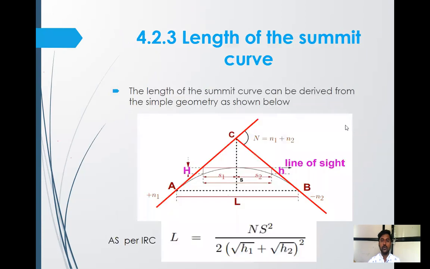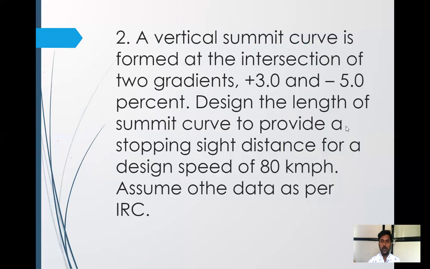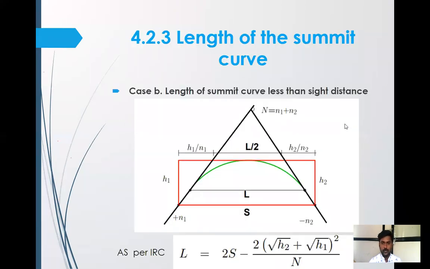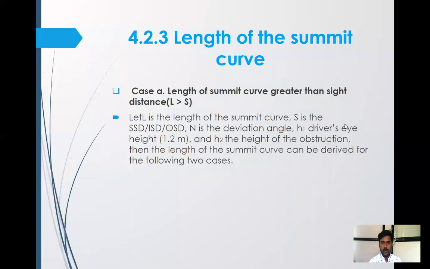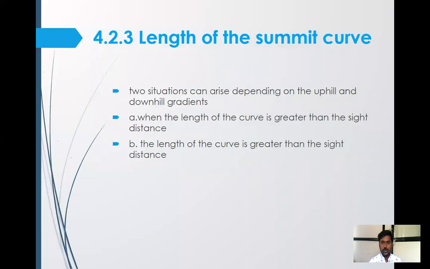Okay. Then we have to see the formula. The length of the summit curve is provided depending on two situations. Two situations can arise depending on the uphill and the downhill gradient.